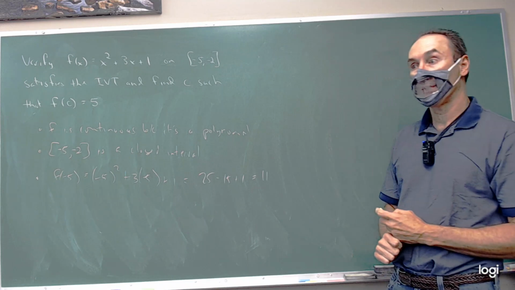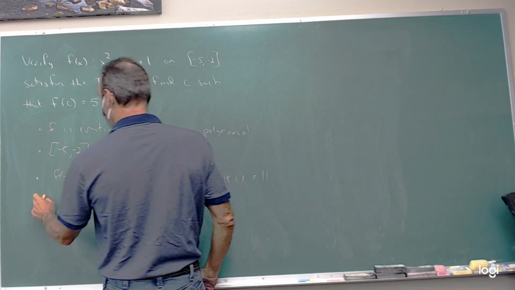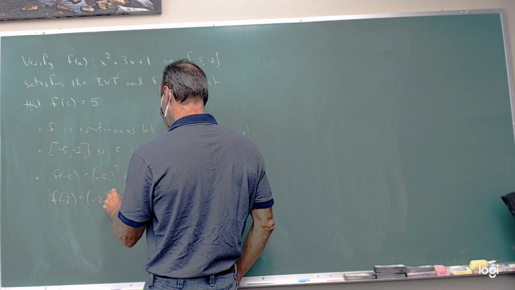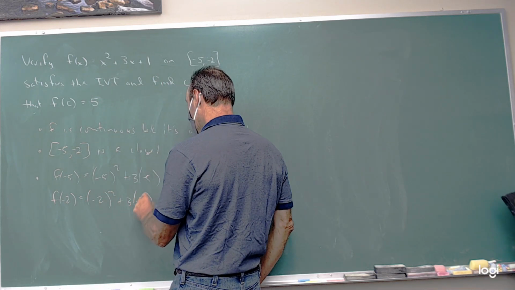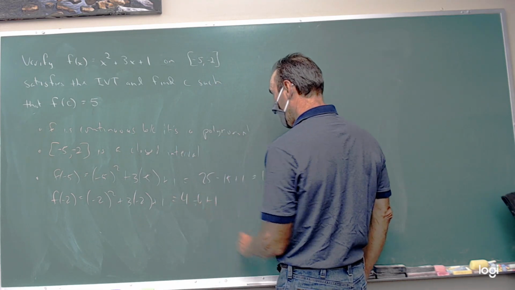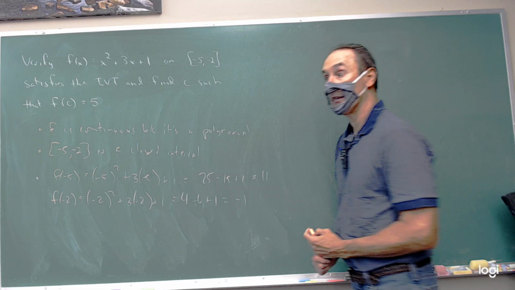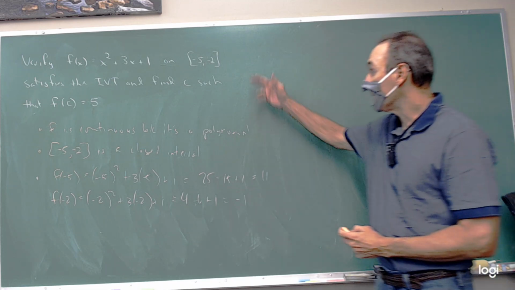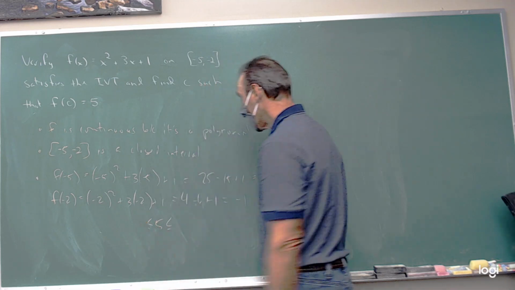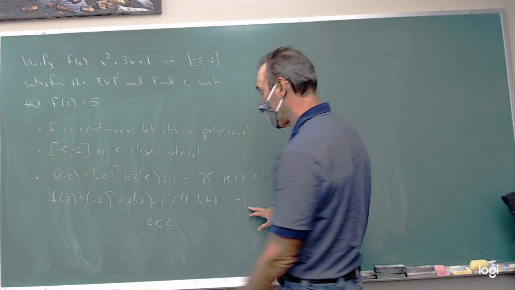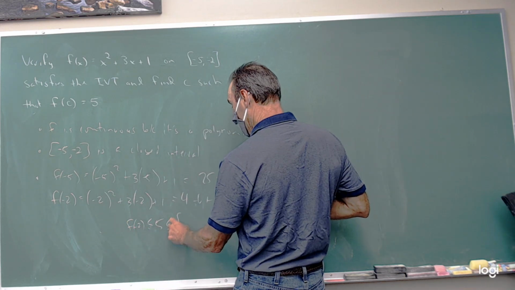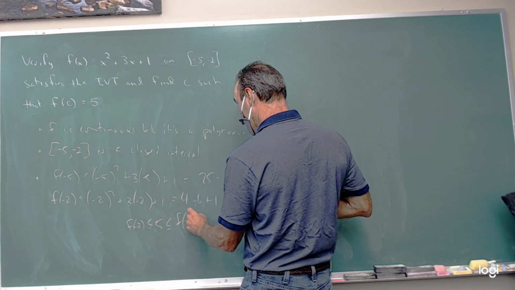And f of -2 is going to be (-2) squared plus 3 times -2 plus 1, and that's going to be 4 minus 6 plus 1, which is -1. And so our 5 is going to be in between. The smaller one was f of -2, and the bigger one was f of -5.